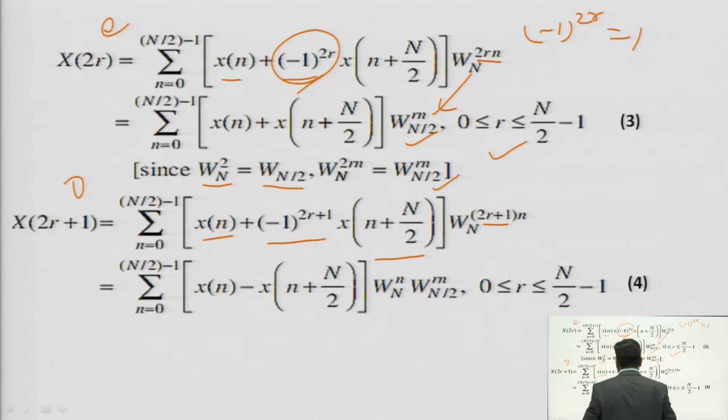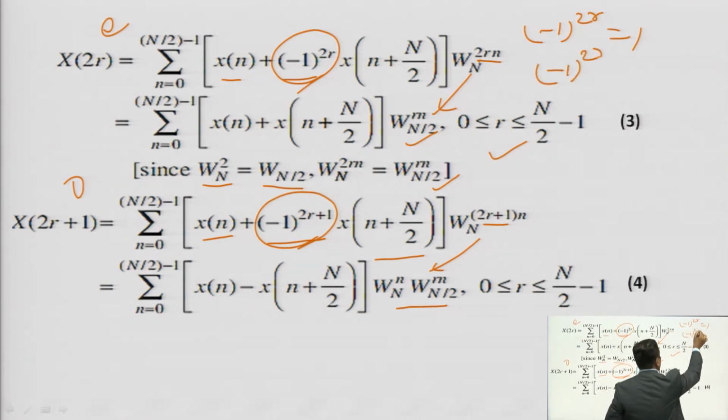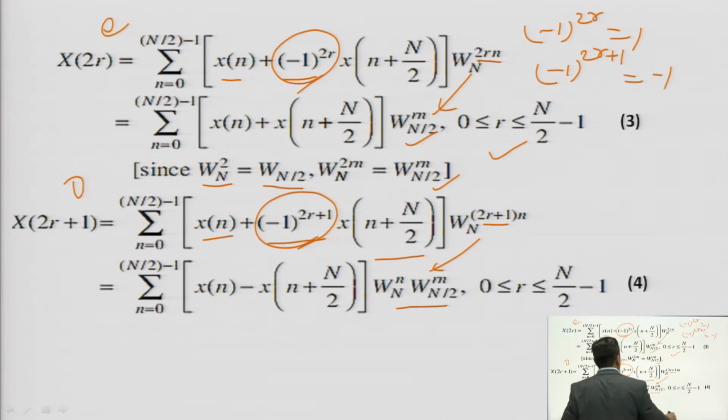Again you have to decompose this into 2 factors, and because minus 1 to the power 2r plus 1 is minus 1, you know very well this one. Now, you will get equation number 4.